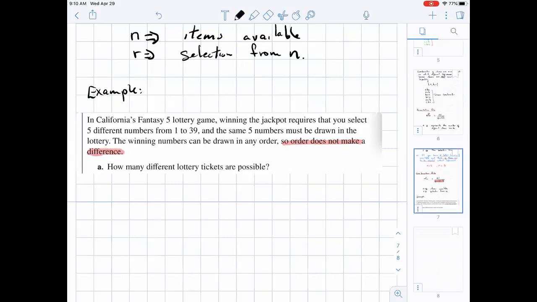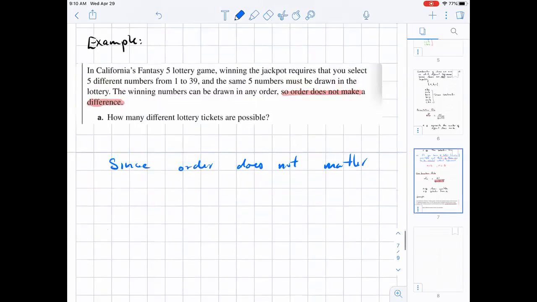So the big question here is, what is n? Or even before I get that, since order doesn't matter, we will use combination.